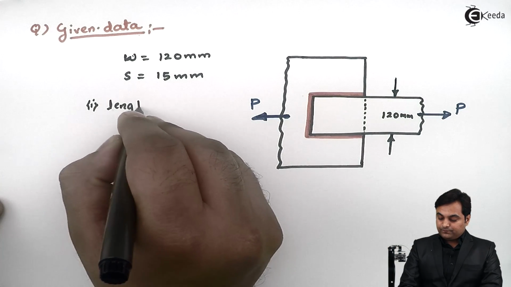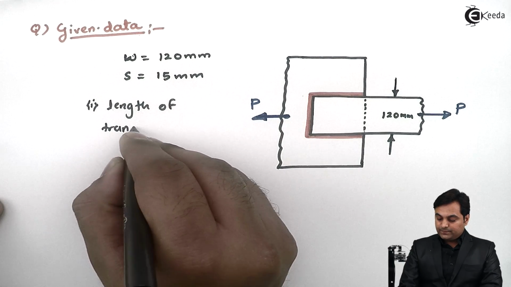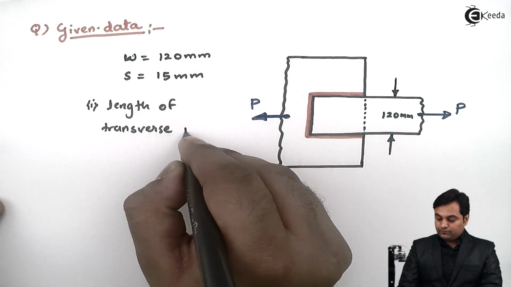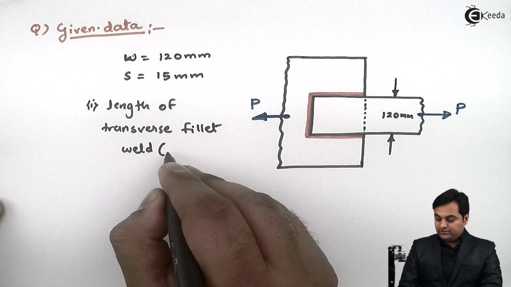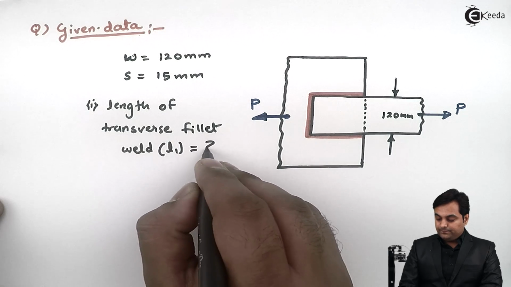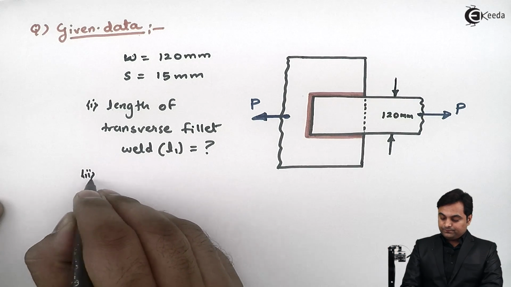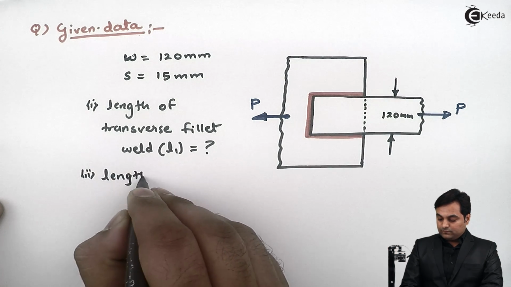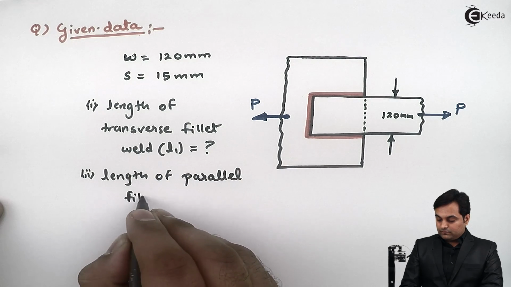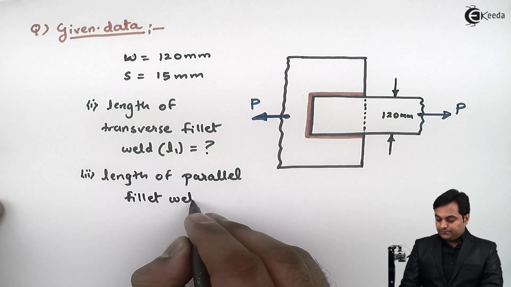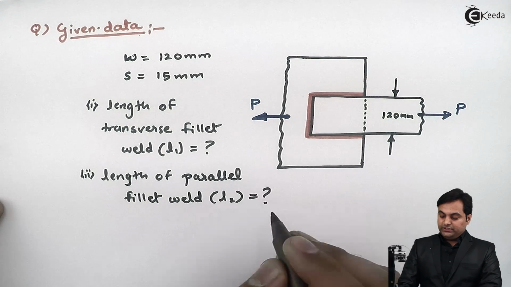Length of transverse fillet weld, this length will be denoted by L1, and next we have to calculate length of parallel fillet weld, that will be L2. So these are the two questions.